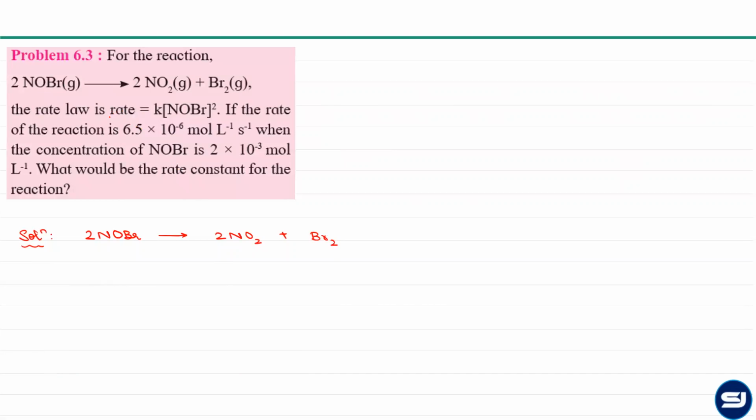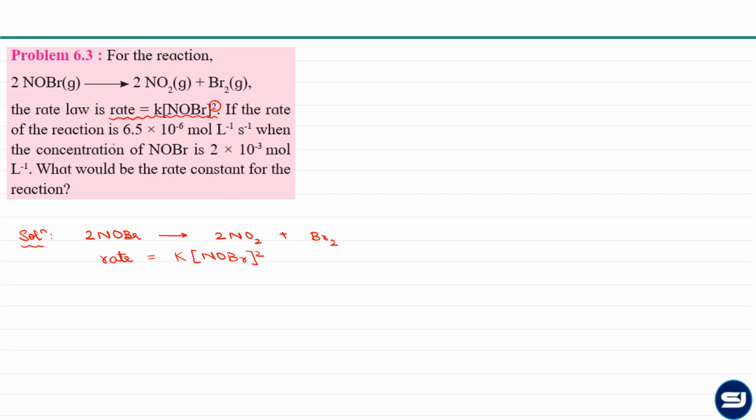So now the rate law is already given. From this, what information do you get? Order of the reaction 2. Correct. It's a second order reaction. The rate law is already given, which means it is a second order reaction.